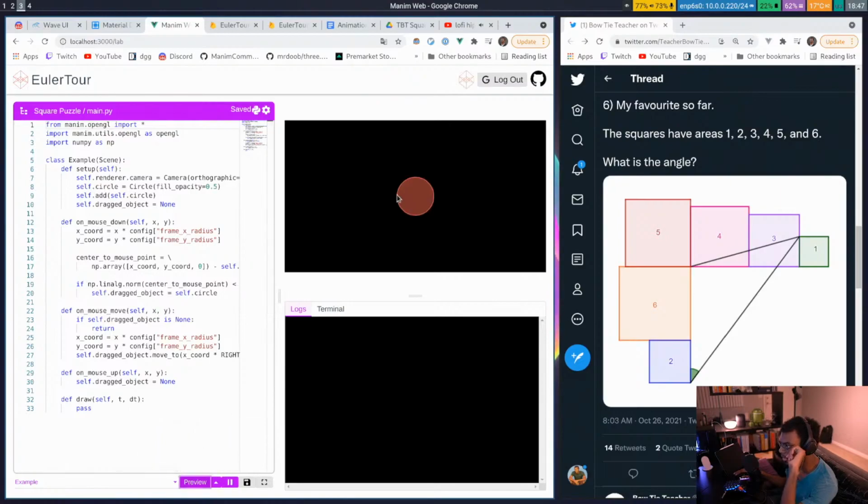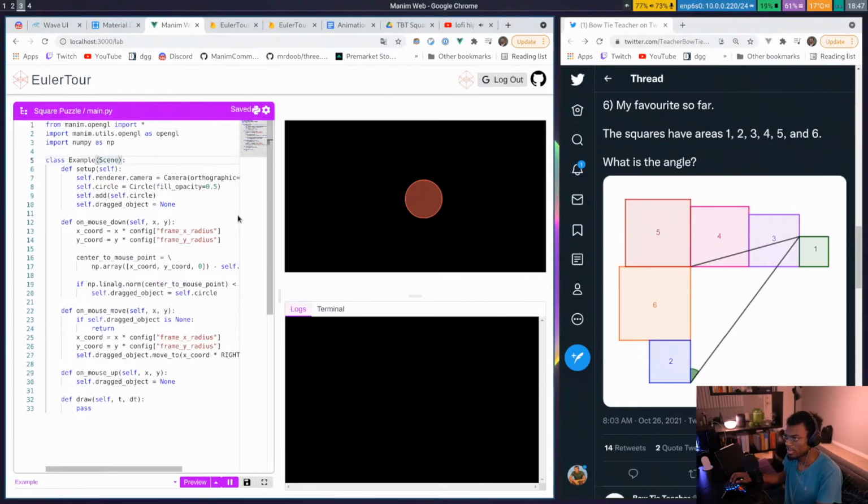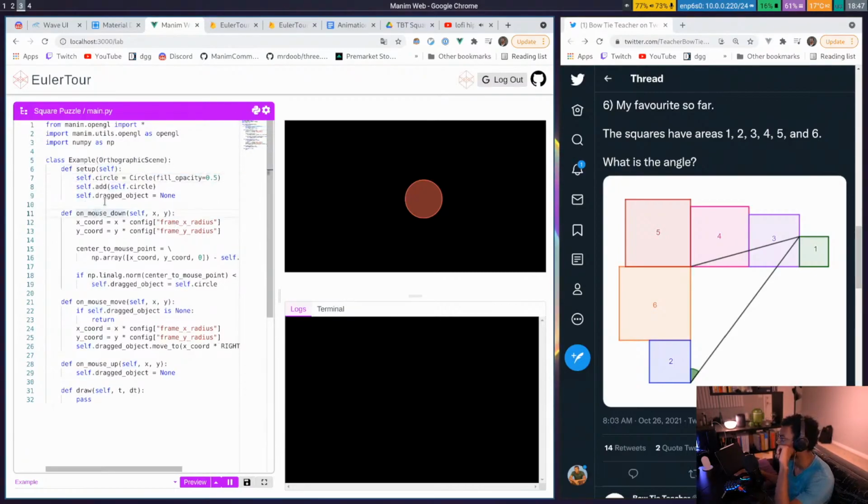Auto play and stuff. Okay, so I can do that much. That's good. I should edit this to start with orthographic scene. That should do the same thing.